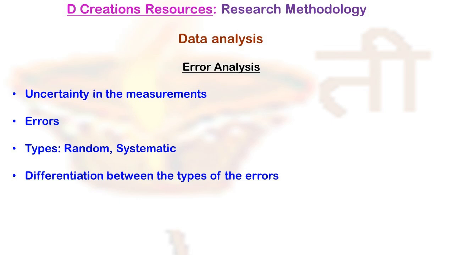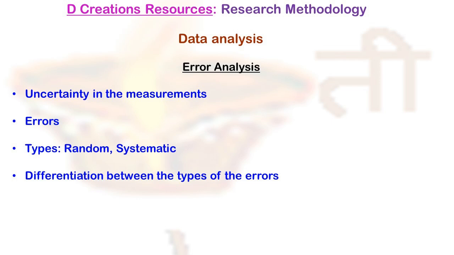The accuracy of the measurement will mainly be affected by systematic errors, because if the error is systematic, repeatedly you will see that error and the measured values will appear to be very close to each other. So you would think that it's precise, but it's not accurate.